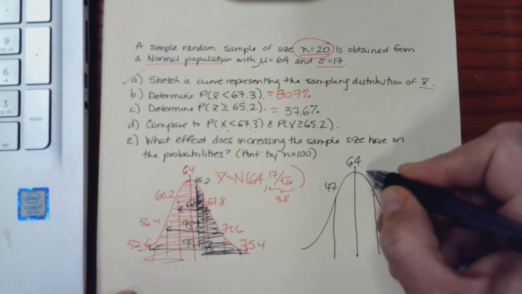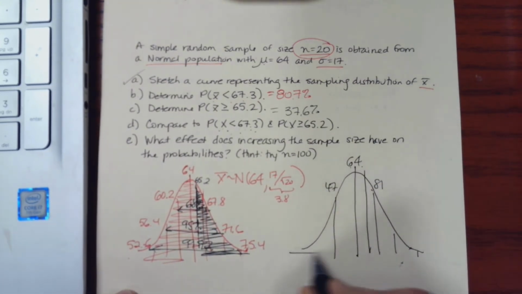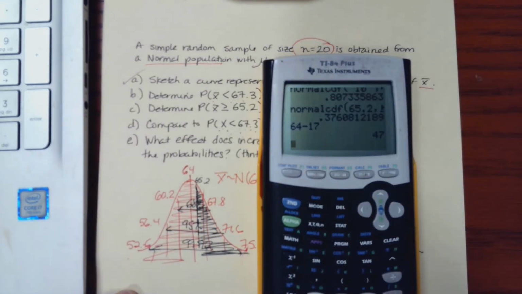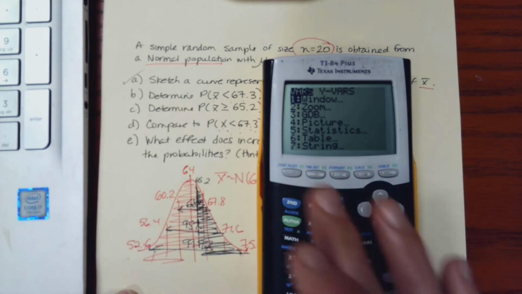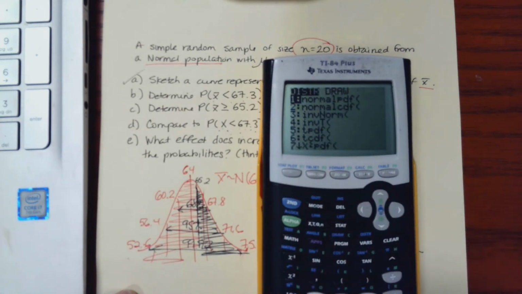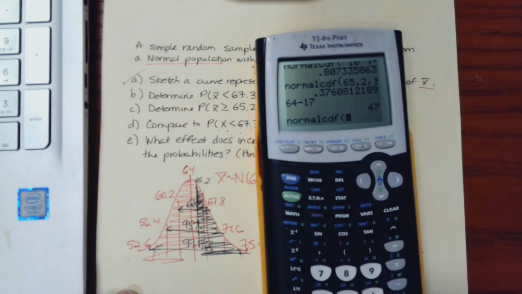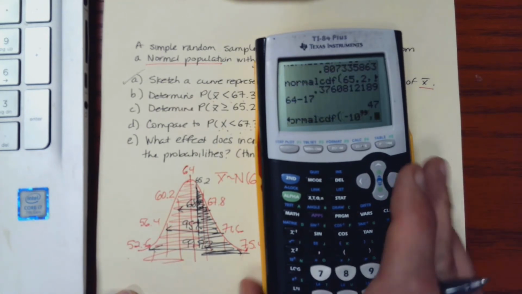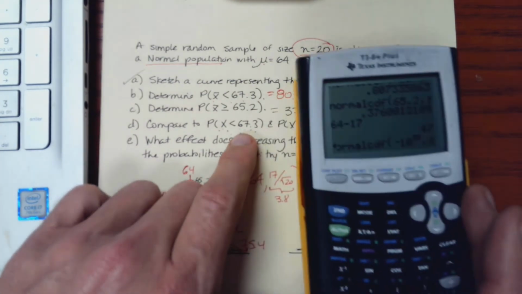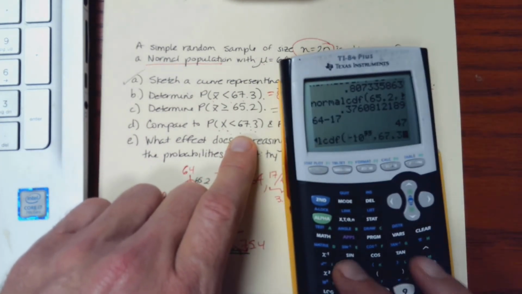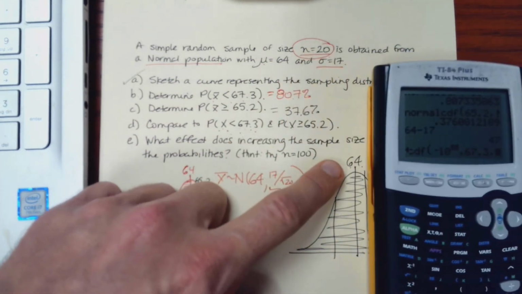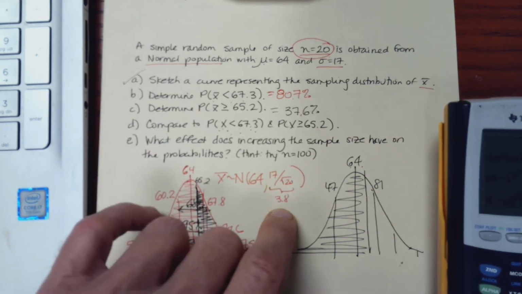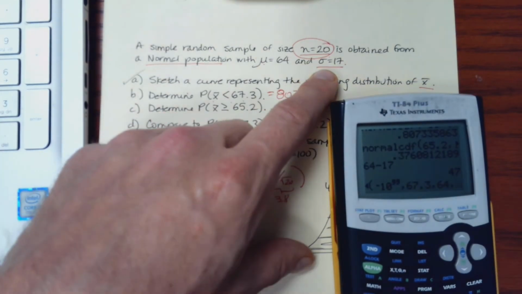So 67.3 now is somewhere over here. So I'll go to my distribution menu to normal CDF, and negative 10 to the 99th power, and my upper bound is going to be 67.3. This distribution is centered at 64, but with a standard deviation not of 3.8, but of 17.